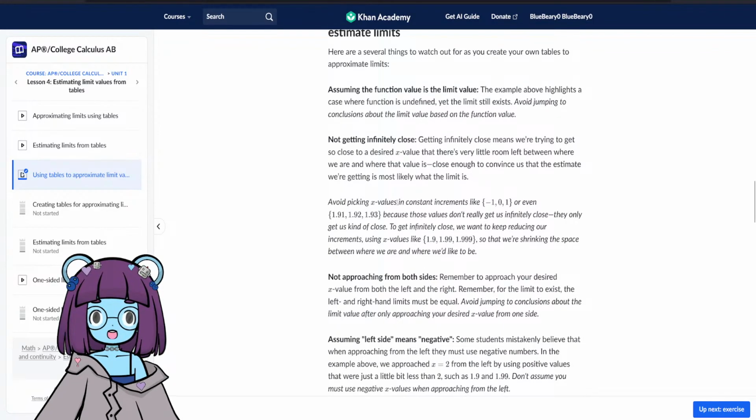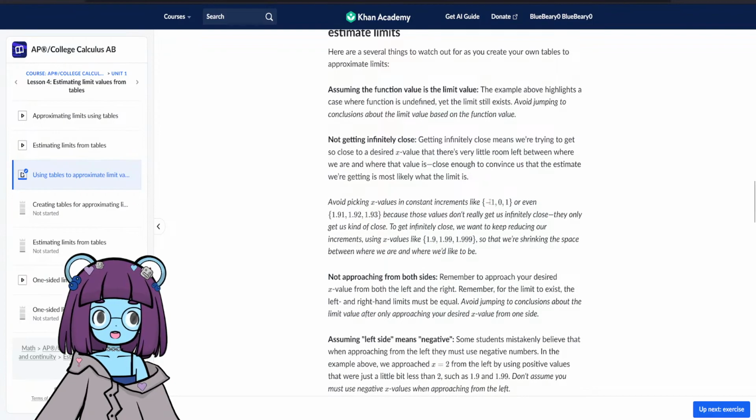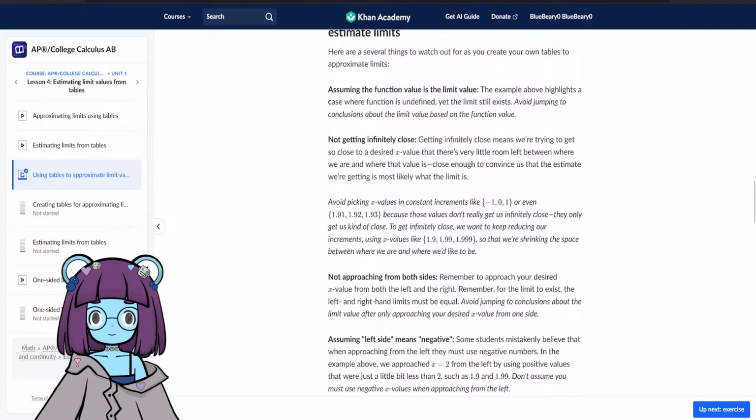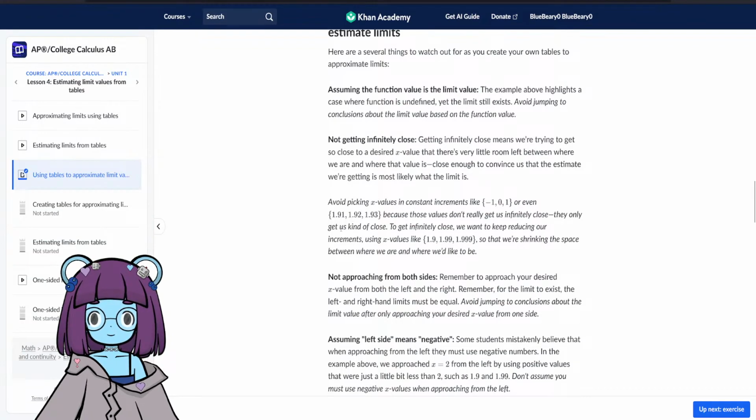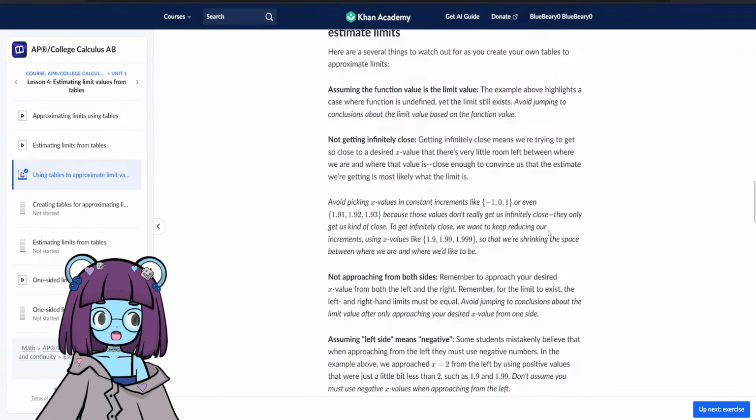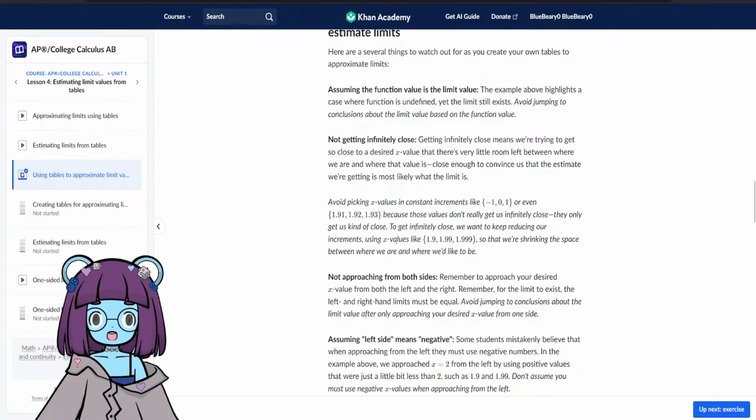Avoid picking x values in constant increments, or even these, because those values don't really get us infinitely close. They only get us kind of close. To get infinitely close, you want to keep reducing our increments using values like these, so that we're shrinking the space between where we are and where we'd like to be.